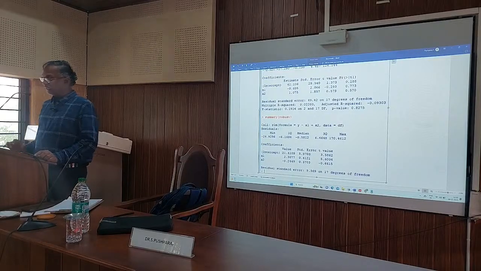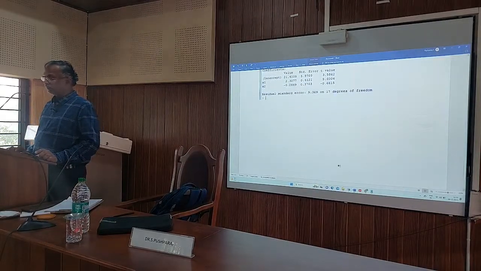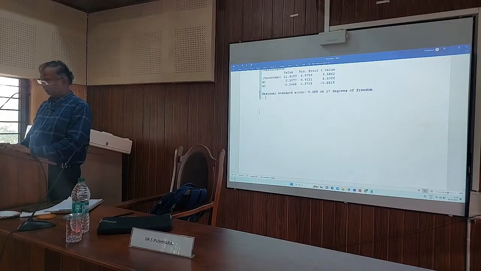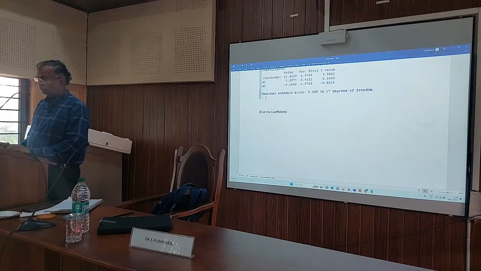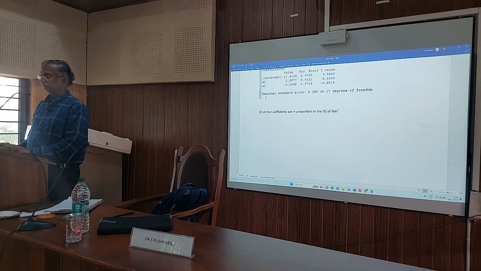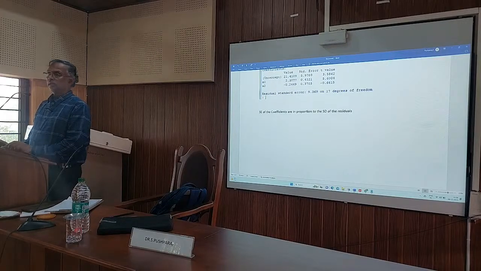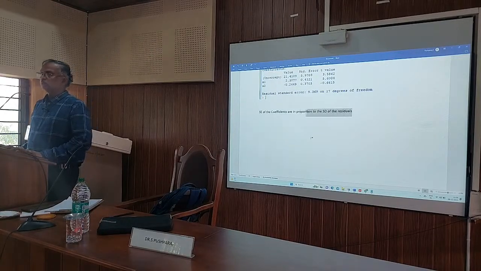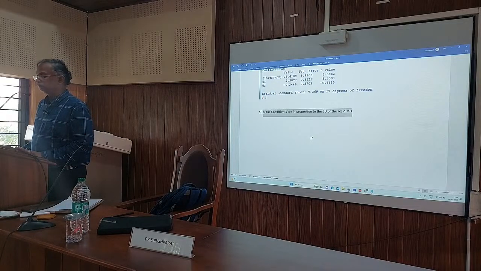The standard errors of the coefficients are in proportion to the standard deviation of the residuals. We can see that from the formula for the standard errors of individual coefficients.